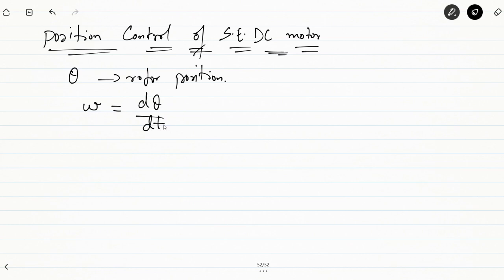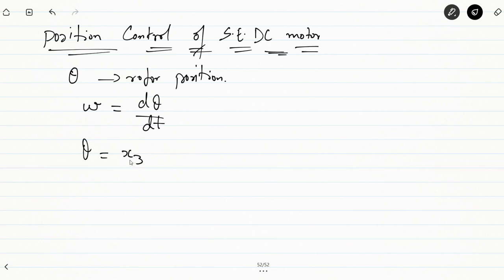This is known to us. So from here we can confirm that theta in this case is a differentially varying quantity.